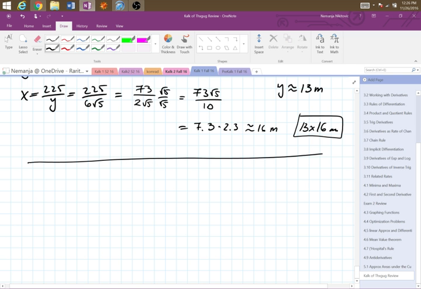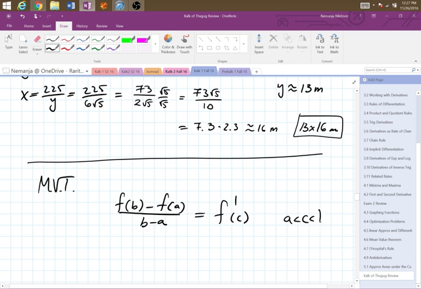So MVT, mean value theorem, stated that if the function is continuous and differentiable, we have that f of b minus f of a divided by b minus a, which is the average rate of change, that's your difference quotient, is equal to the derivative at some value c, where this c is in between a and b somewhere. So that's the mean value theorem.